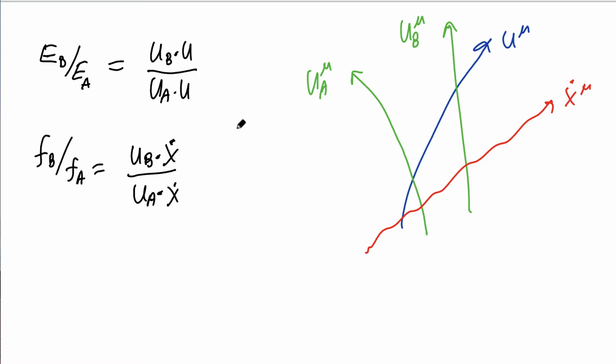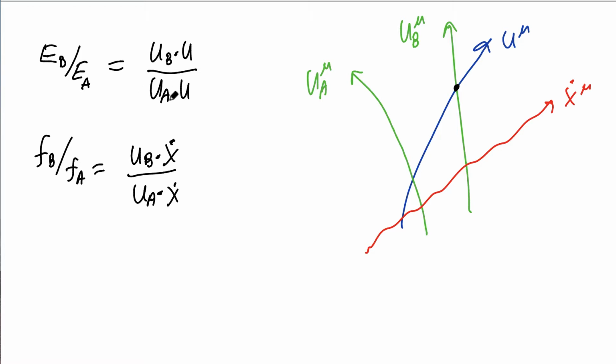One thing that's important to notice about these formulas, and it's really hidden in the notation, is that these inner products are to be evaluated locally where the observer crosses the world line of the particle or photon. So for example, for this UB dot U, this observer B is going to measure the energy of this particle, and the observer measures the energy at this event or locally near this event.